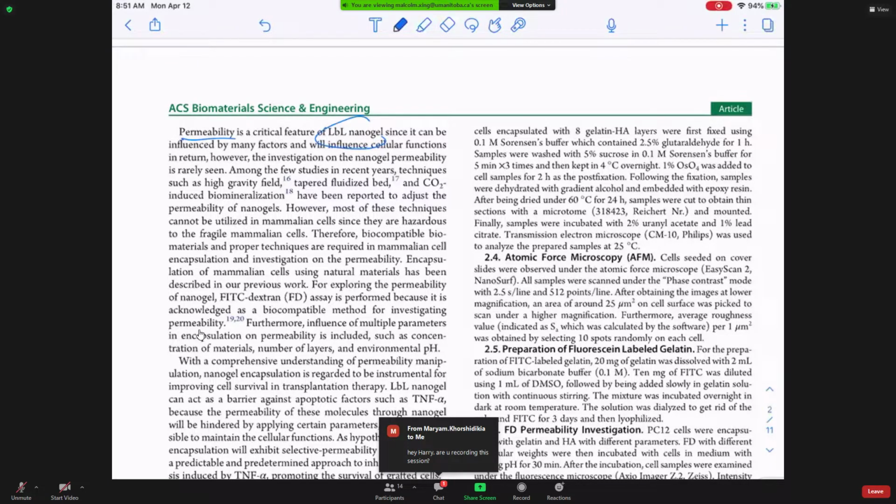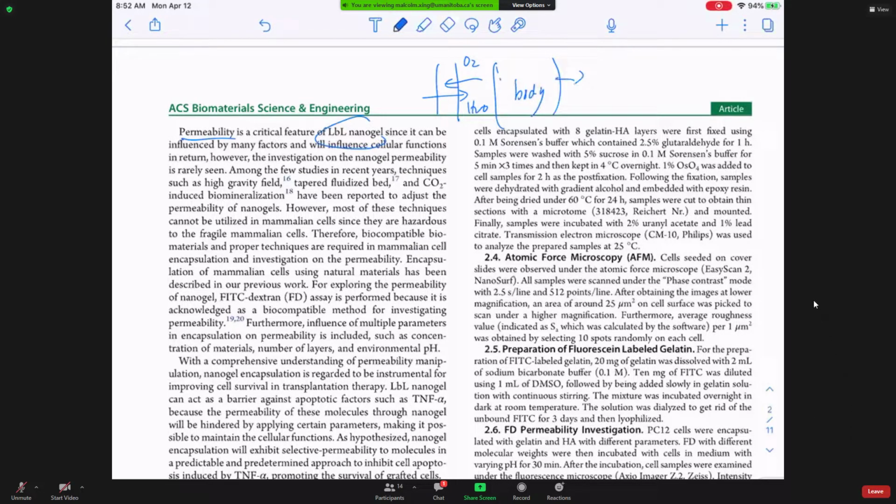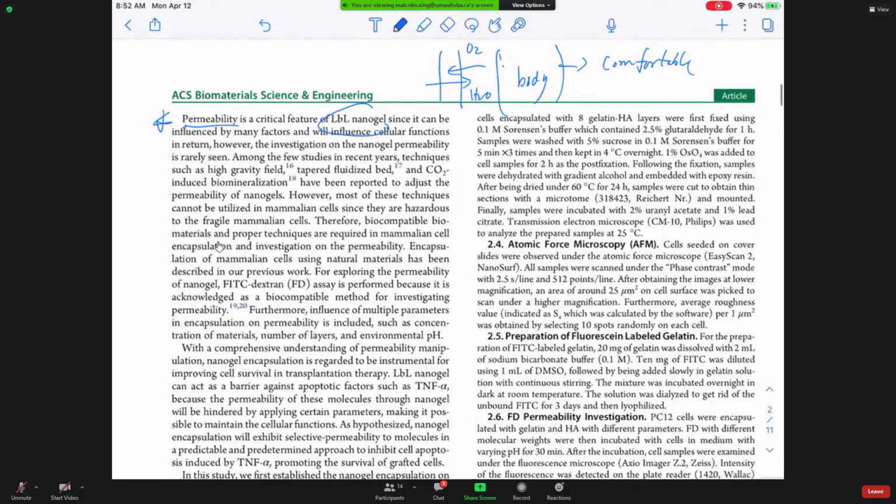For example, we can control the permeability or porosity of textile, so that humidity or sometimes air can come in and out, the oxygen and H2O, so that the body feels comfortable. So we need to know the permeability. That is the way they work it out.